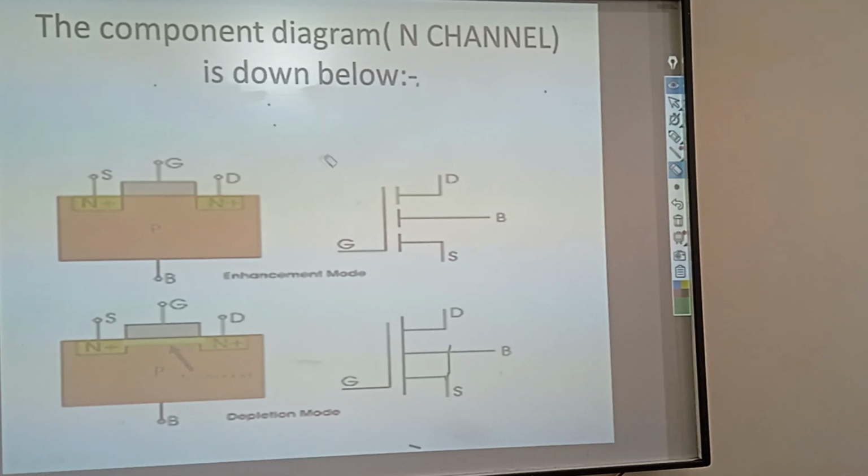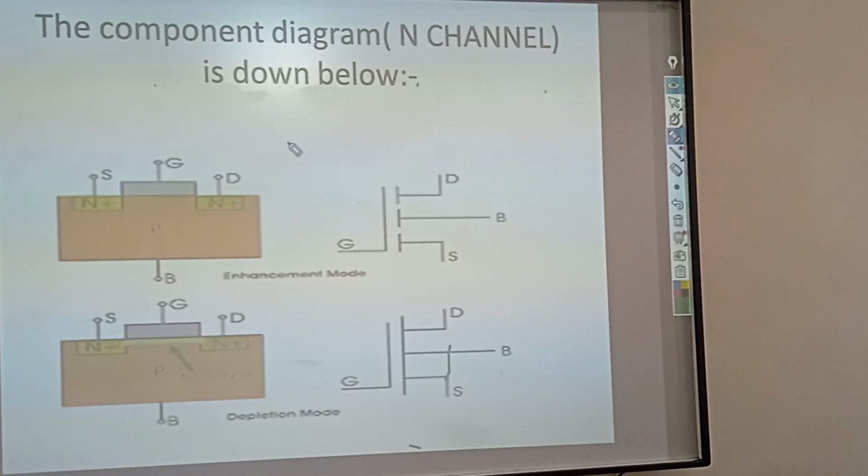So MOSFET, I have told at the start that MOSFET's full form is metal oxide semiconductor field effect transistor. In this word, semiconductor comes. So now here is the pencil drawing.